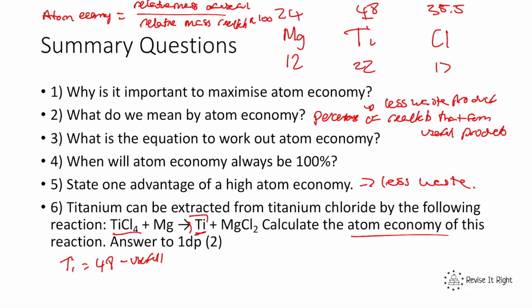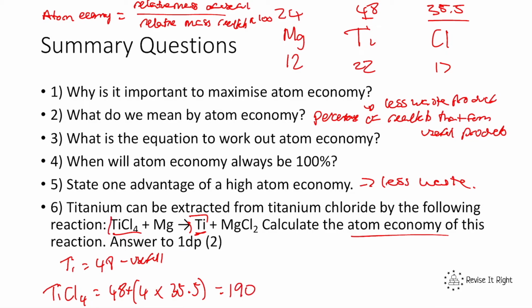So titanium chloride, which is TiCl4. Now Ti we've just said was 48, and we need to add that to Cl4, which is 4 times 35.5. And when we do 48 plus 4 times 35.5, you would have got 190.